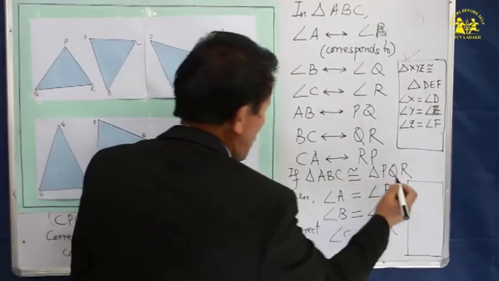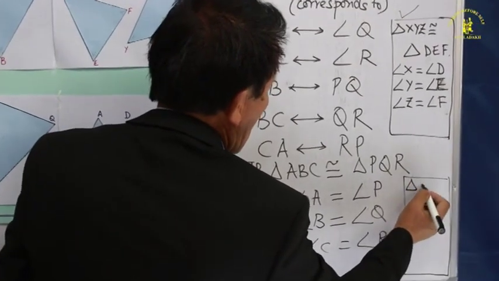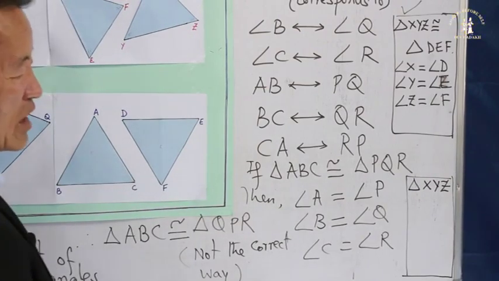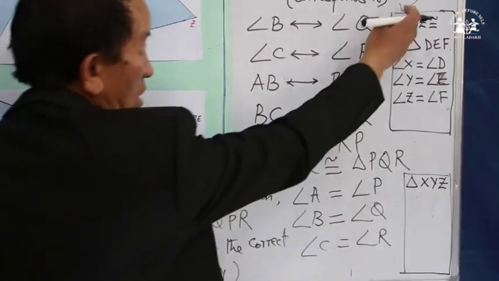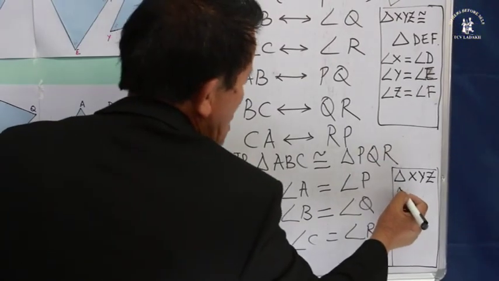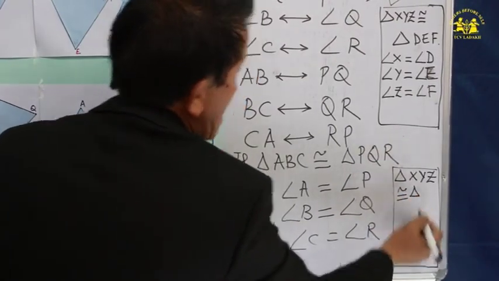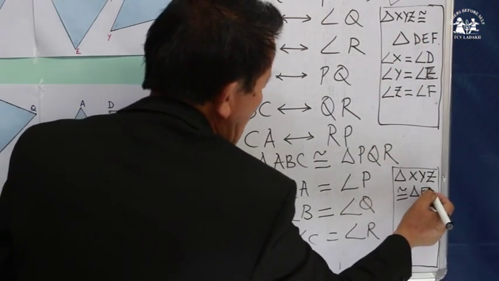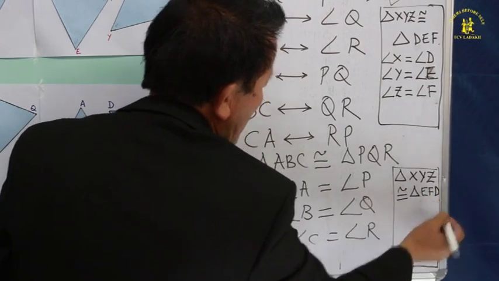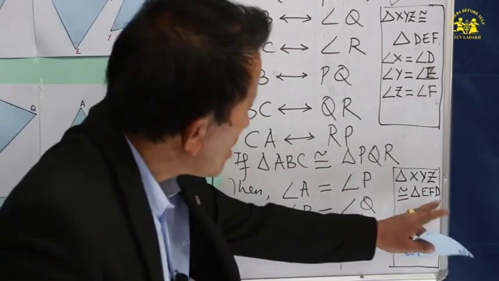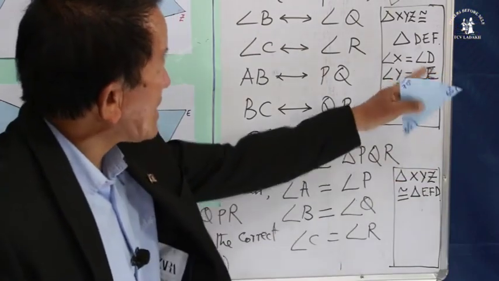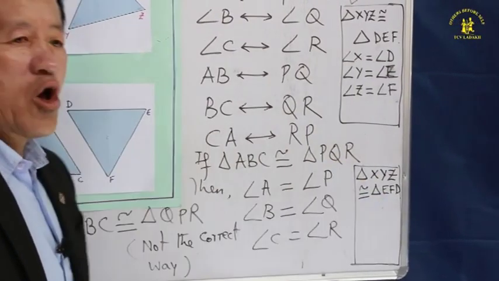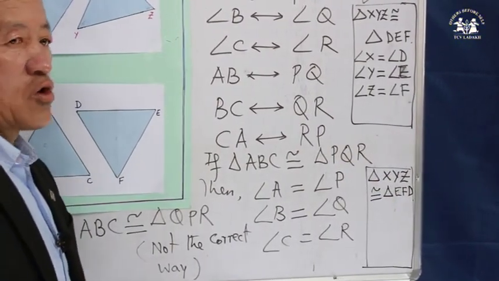So, if I write that triangle XYZ, the same triangle, is congruent to, instead of writing the name of this triangle as DEF, if I write EFD, then the naming of these triangles, DEF and EFD, is exactly the same triangle, but the naming will give you wrong information.